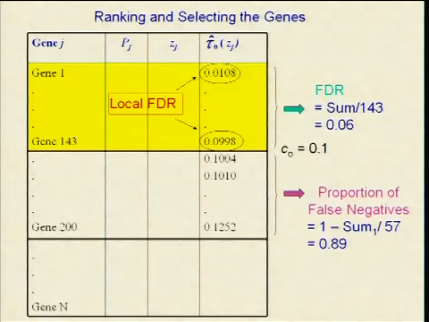This is the proportion of false negatives in this lot of genes here. So it depends on how much work the biologist wants to do, where we draw this line, or where their favourite gene is, I suppose, just how far down the list it is.